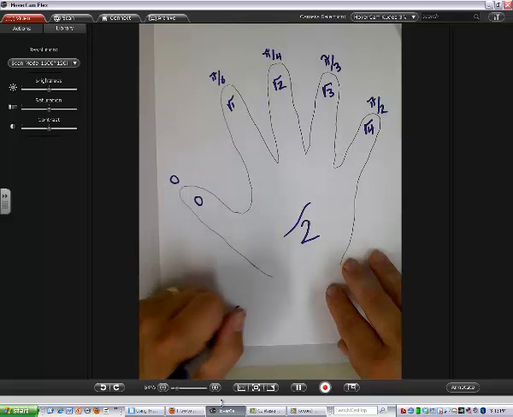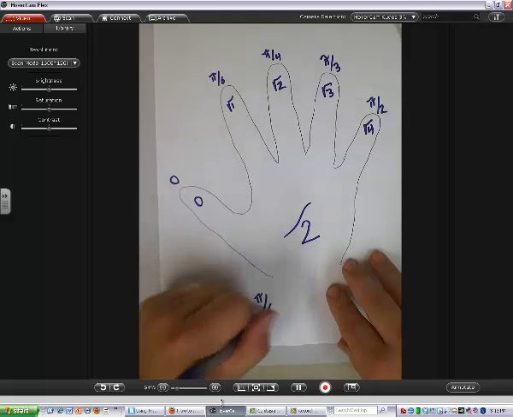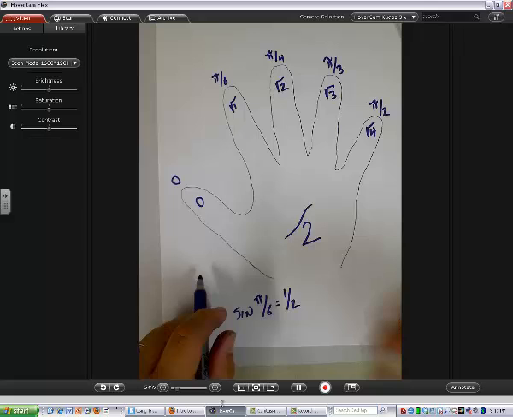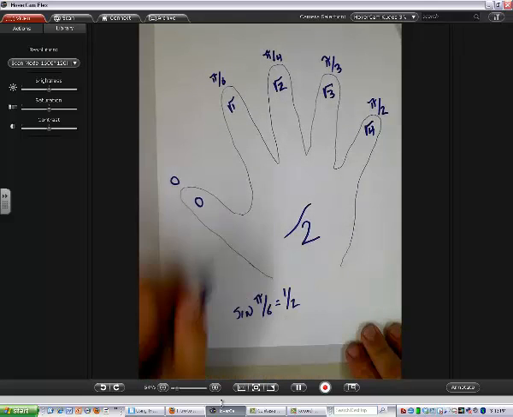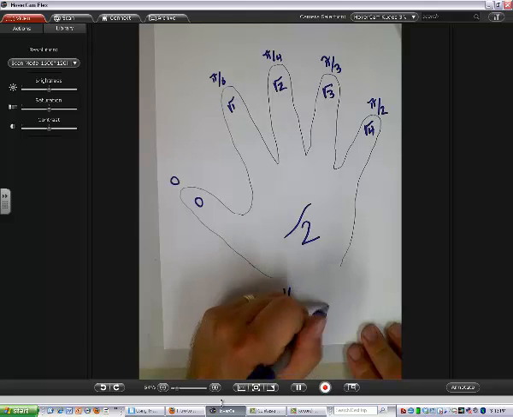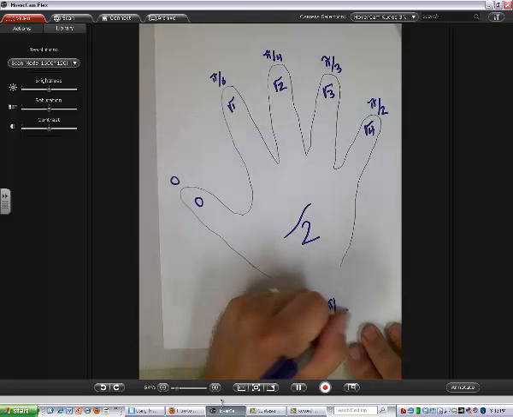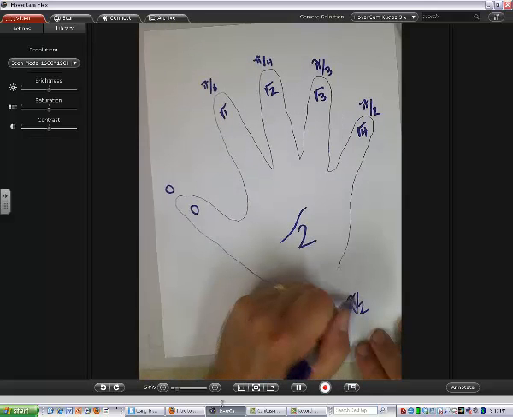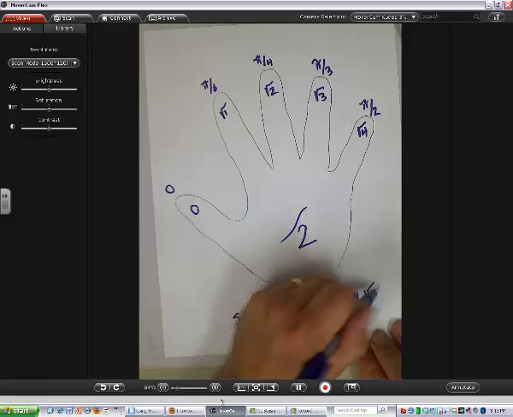Sine of pi over 6 is the square root of 1, which is 1 over 2. If I want to know what the sine of pi over 3 is, go over to this part of my hand, root 3 over 2. Sine of pi over 3 is root 3 over 2. What is that? How about root 3 over 2?